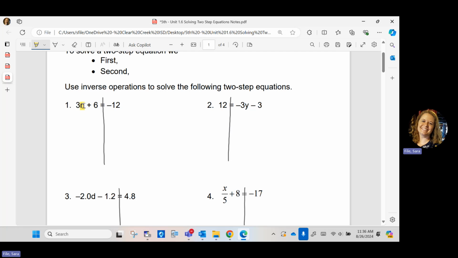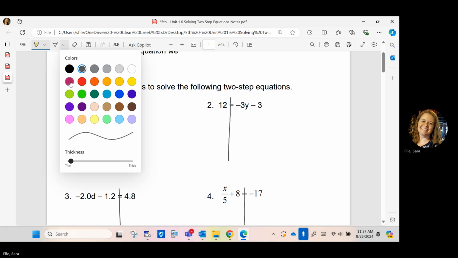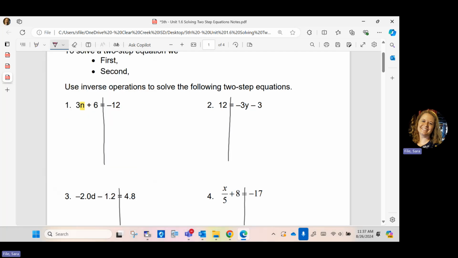So when you have a coefficient, that's the number being multiplied, and you have a constant, that's a number without a variable being added or subtracted, you have to move the constant first.